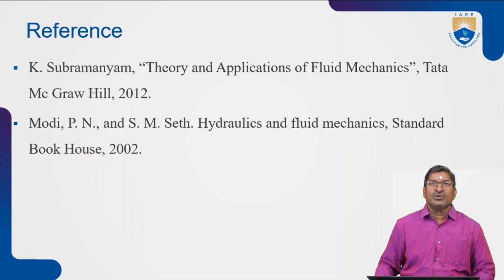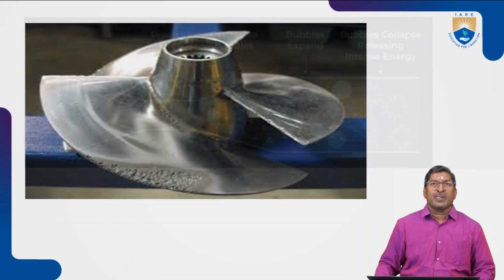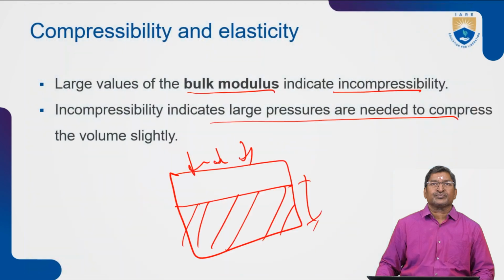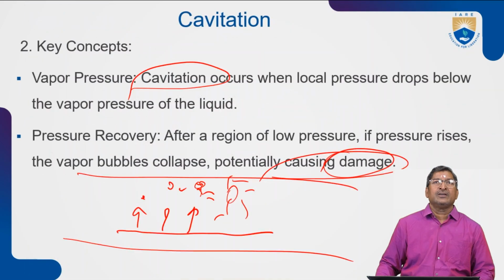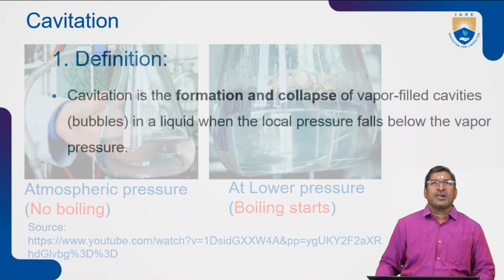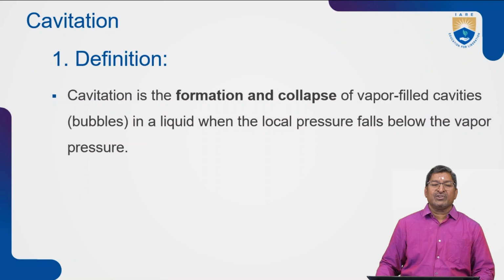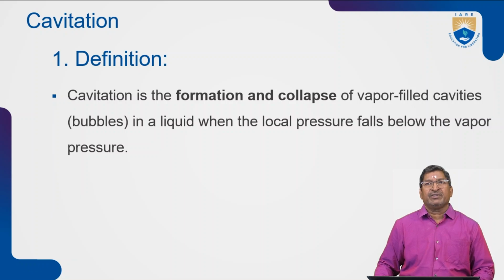So if you review what you learned today, first is the definition of cavitation, which is nothing but the formation and collapse of vapor-filled bubbles. First bubbles will be formed and then they will collapse. That is called cavitation.